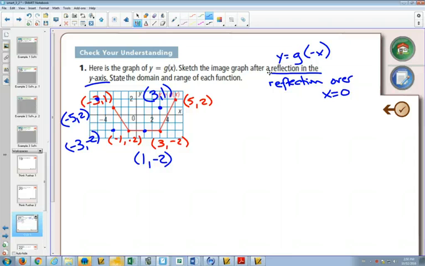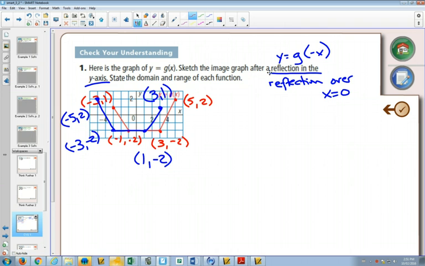So all I've done is I've changed my x coordinates to the negative of what they were before. Now if I draw it, I can just connect the dots. And does it look like a mirror image over the y-axis? Can you see it being flipped right over the y-axis?